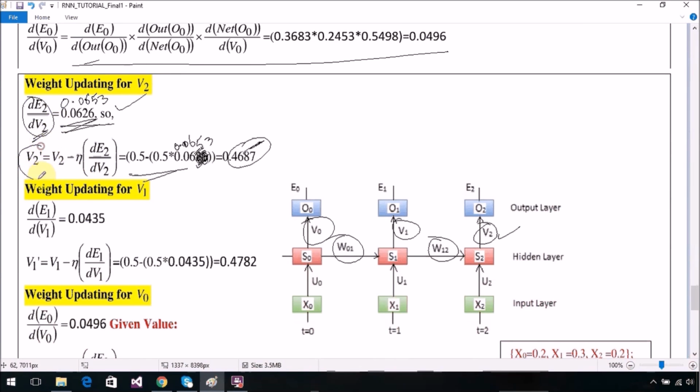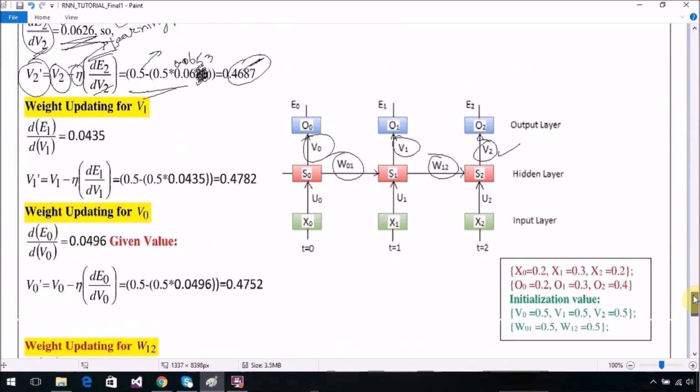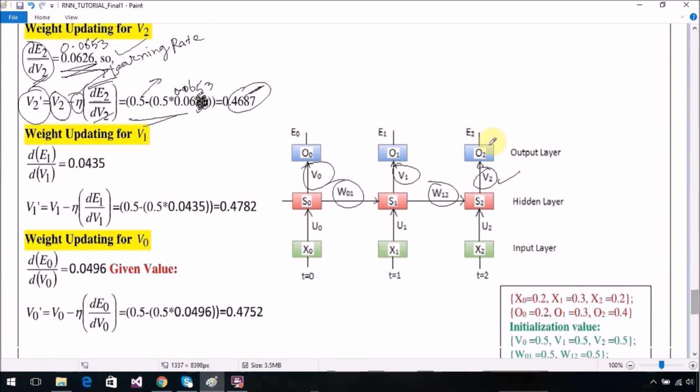So the updated weight of B2 will be B2 dash. It will be the old weight minus learning rate into the partial derivation. Our old weight, the given weight B2, is already 0.5.